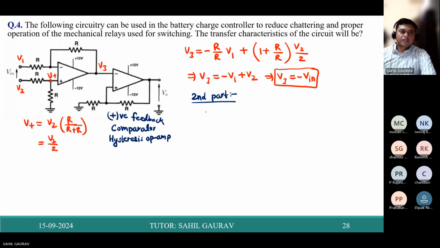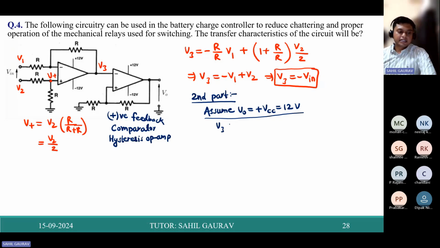First, let us take this output voltage as plus VCC, that means 12 volt. If you assume this V0 is plus 12 volt, let us take this one case.